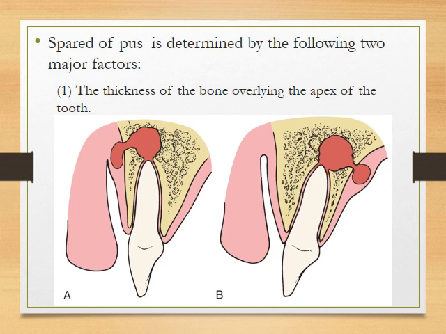For example, the palatal root of maxillary posterior teeth and maxillary lateral incisor, which has a curvature pointing palatally, are responsible for the palatal spread of the pus, while the mandibular third molar and sometimes the mandibular second molar are responsible for lingual spread of infection.